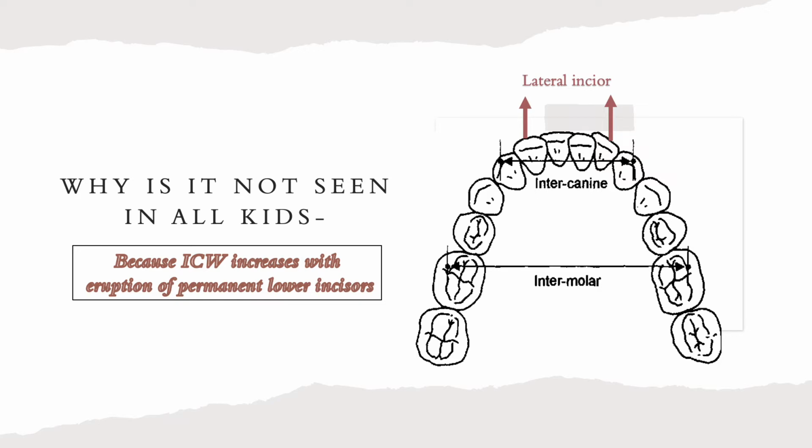That means the width of the arch between the two canines increases. When that width increases, obviously that creates space for those irregularly placed permanent incisors to get arranged and to ward off that crowding that was there.